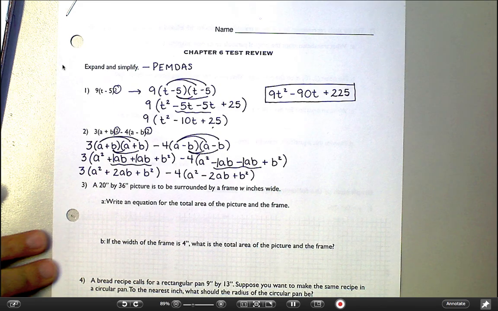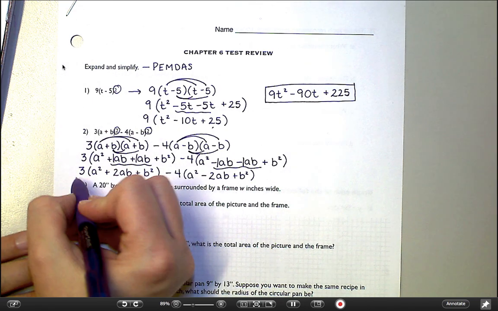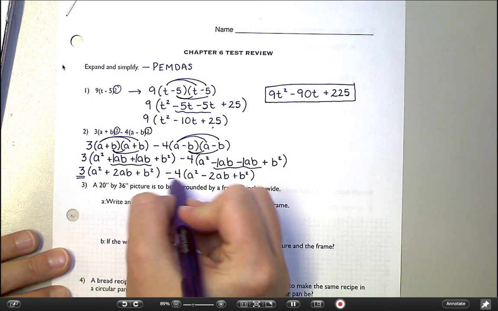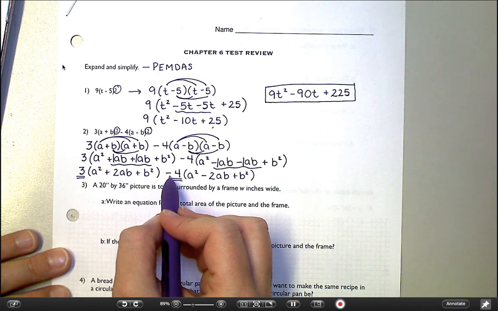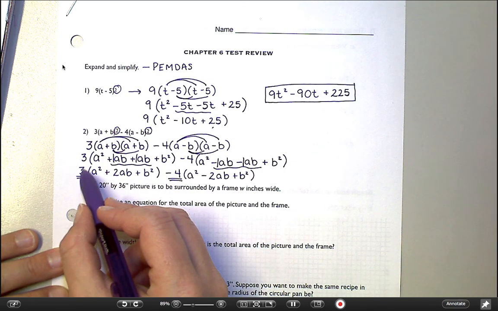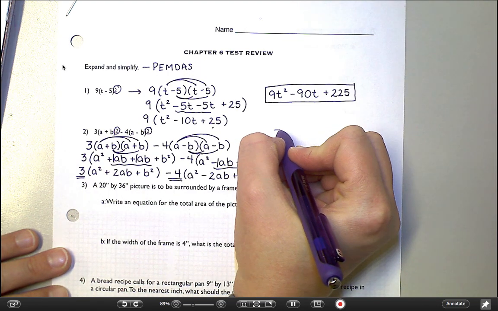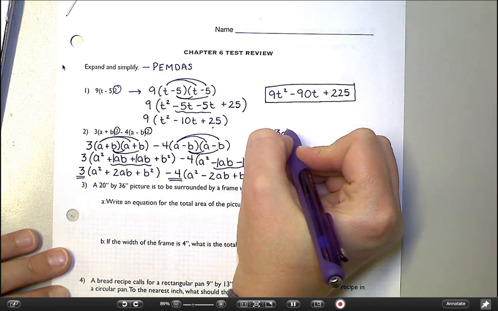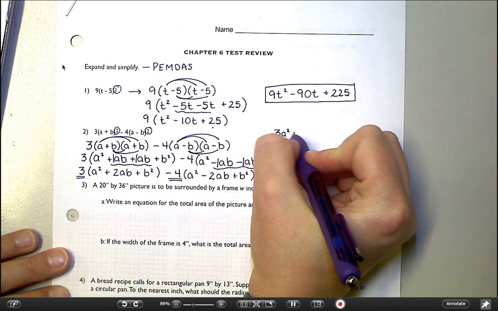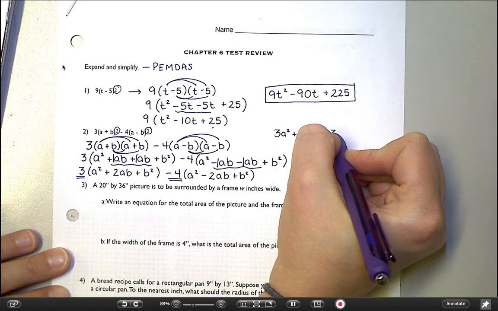Now I'm going to go ahead and distribute the 3 and the negative 4. And when I distribute that 4, I do have to make sure I keep that negative sign right with it. So when I distribute the 3 through here, I'm going to rewrite this over here. I end up with 3a squared. 3 times 2 gives me 6ab plus 3b squared.